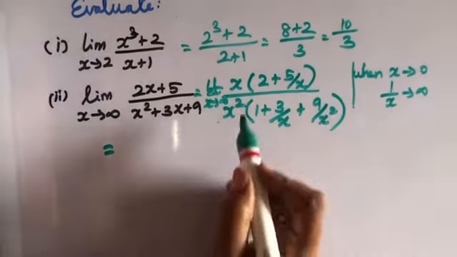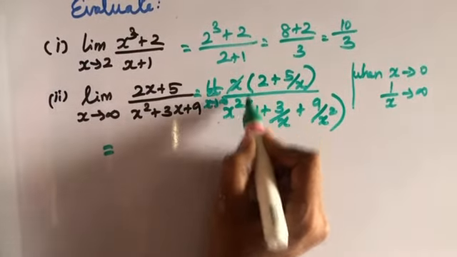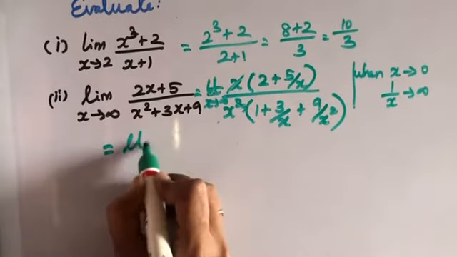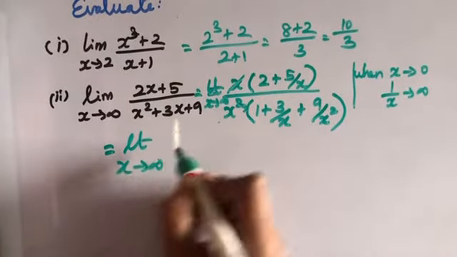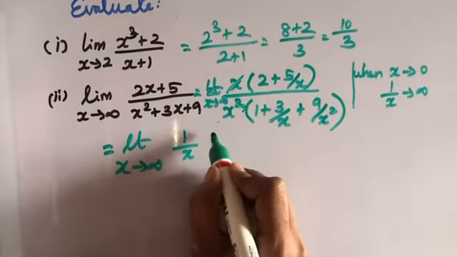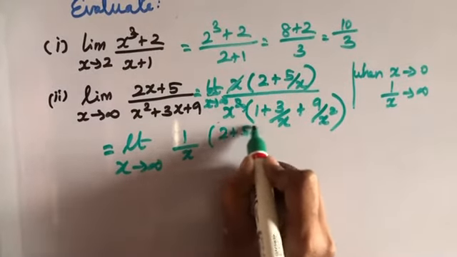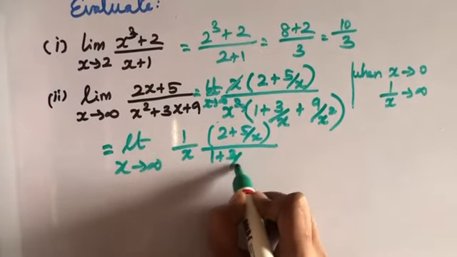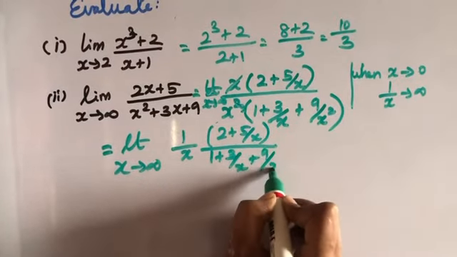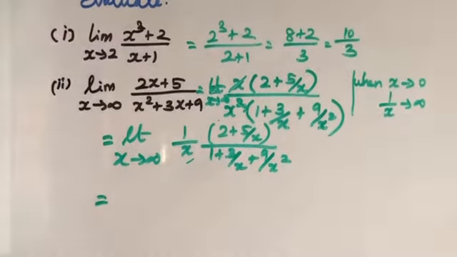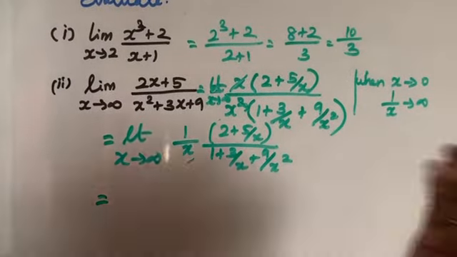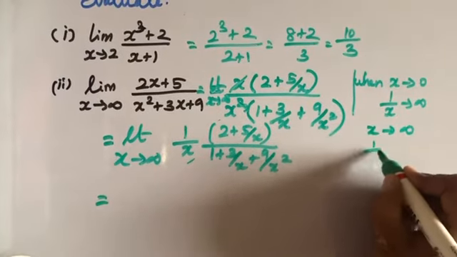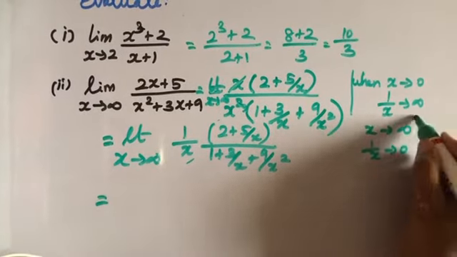Okay. So, now I can cancel one x. So, it is limit x tends to infinity, 1 by x into 2 plus 5 by x divided by 1 plus 3 by x plus 9 by x square. Now, similarly, when x tends to infinity, 1 by x tends to 0.